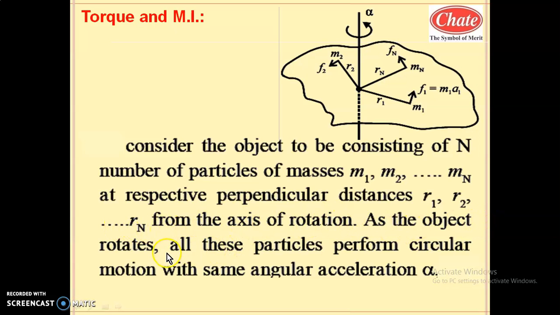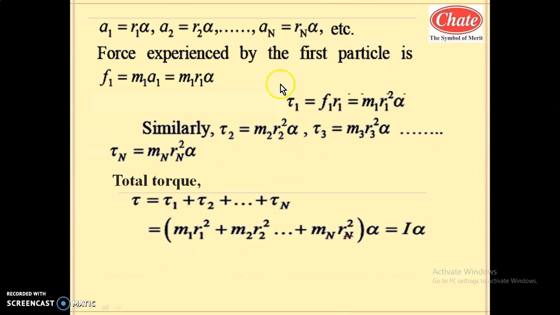As the object rotates, all these particles perform circular motion with the same angular acceleration alpha. So here angular acceleration alpha is constant.